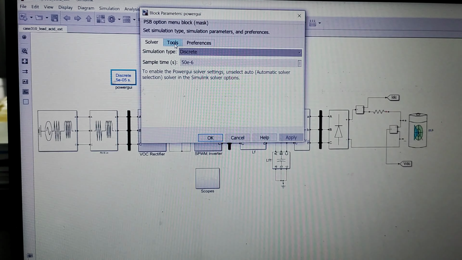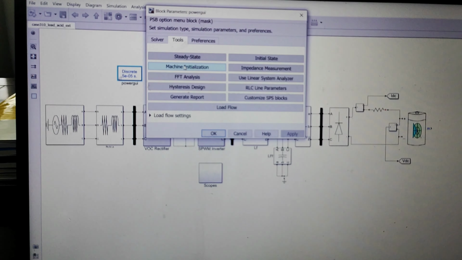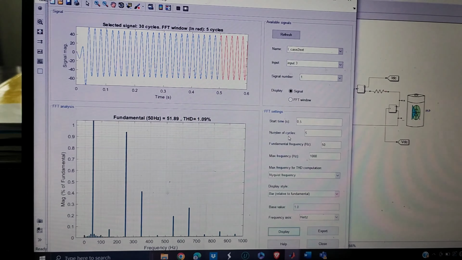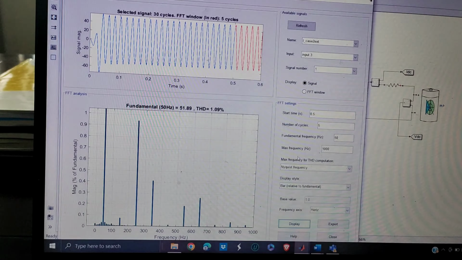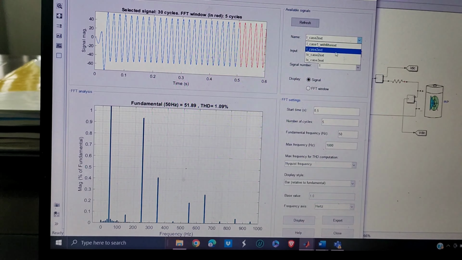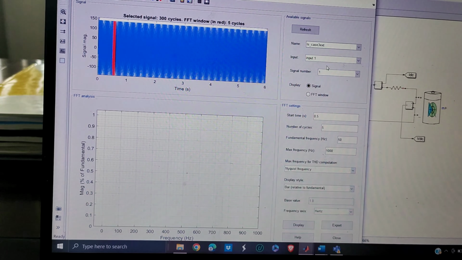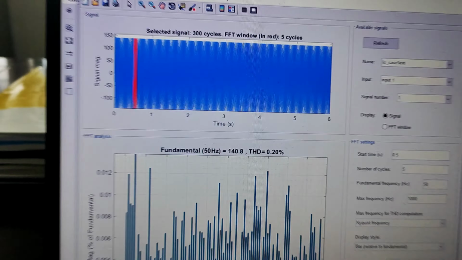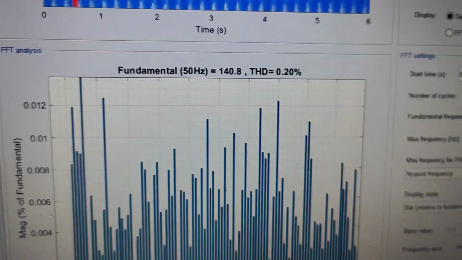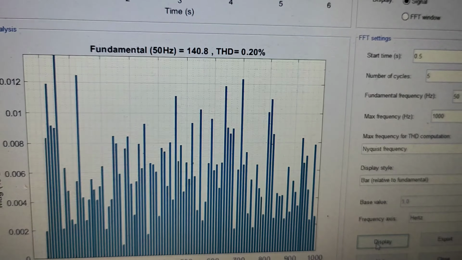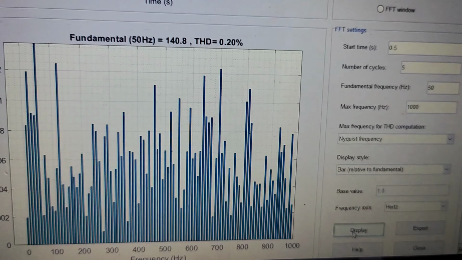Here my lithium ion battery is present. Lead acid battery is present. So here you can see the 140 amperes of current having only 0.20. It is very less compared to the others.